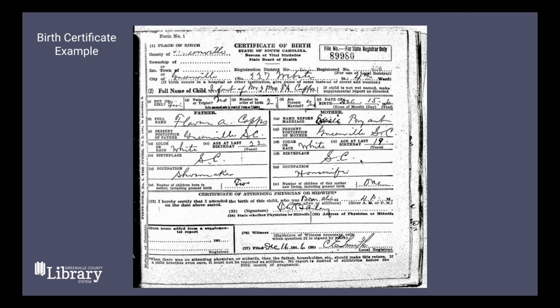We also have the birthplace of the parents, which can be very helpful so that you could know where to look for other records for the parents. And we have their ages, which helps us calculate the parents' year of birth. We have their occupation. Looks like the father was a shoemaker and the mother was a housewife. And it looks like there were 2 children born to this family.